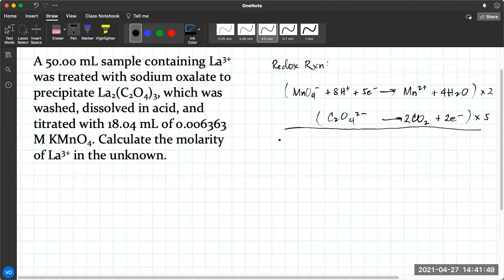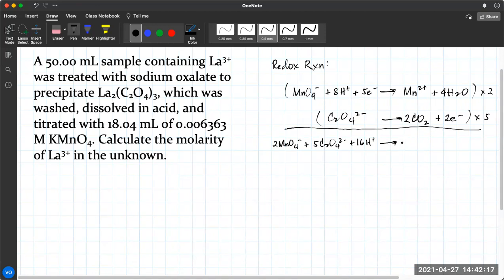Therefore, the overall balanced equation will be 2 moles of permanganate plus 5 moles of oxalate plus 16 H plus. We will now cancel the number of electrons.